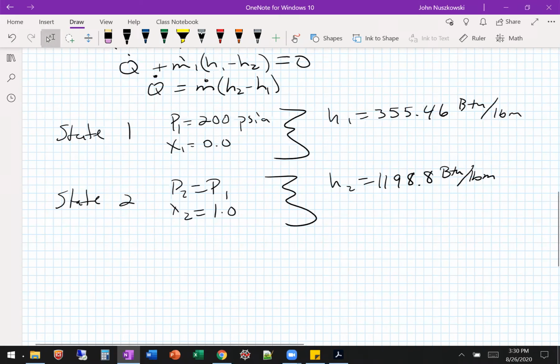All right, so we have our enthalpies. What about the mass flow rate?